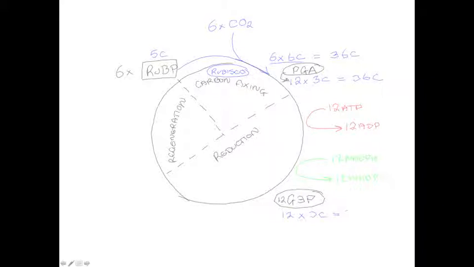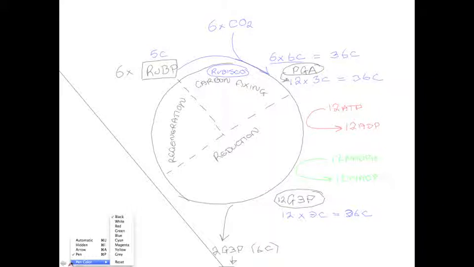We've still got 36 carbons, which means we can afford to lose 2 G3Ps, which equals 6 carbons. Eventually, these can go on to form glucose. Now what we have is the regeneration phase.